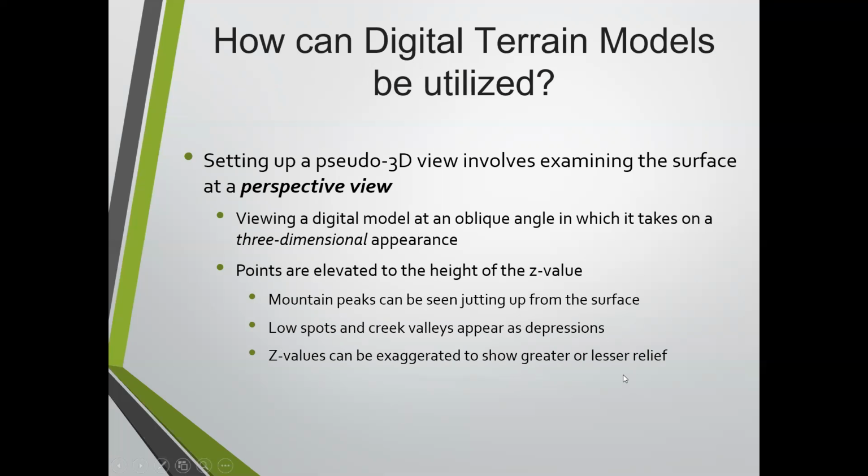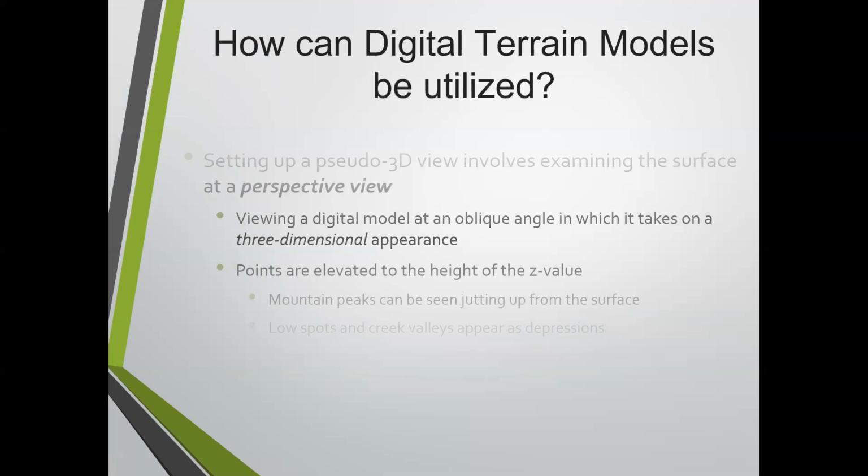I never do it lesser, because usually you always need to see a little bit more, but it does give you a better picture. Not that the data is any better, but it just looks better, that's all. So what you're doing is just viewing that point location that's altered, but you're not actually changing the Z value itself. You're just generating an algorithm on how it's going to display it.